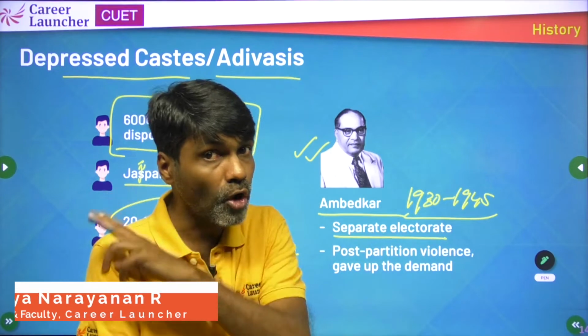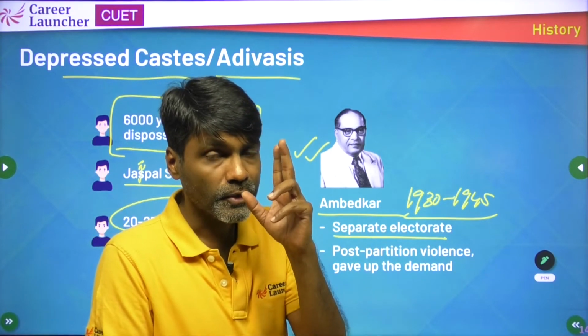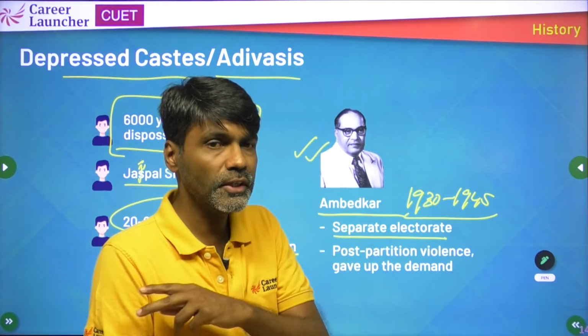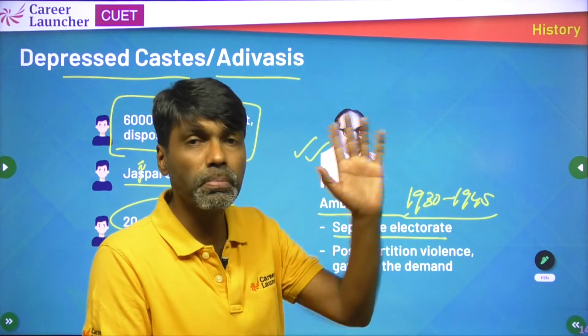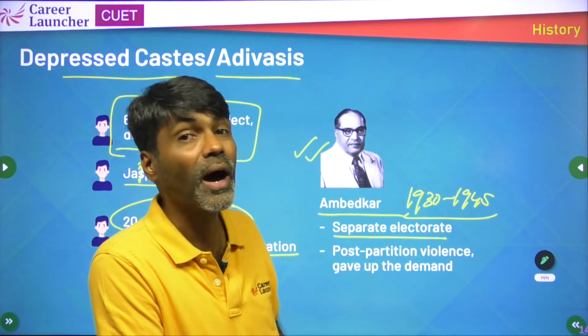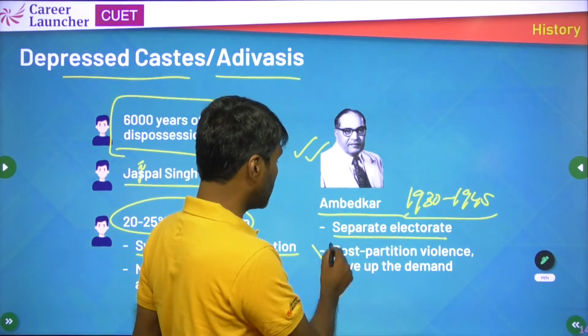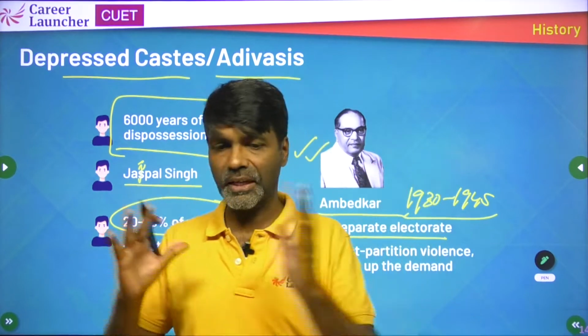But very interestingly, and this talks about the wisdom of this man, when he saw the separate electorate conversation based on religious identity leading to complete disruption of communal harmony, he gave up the demand after the partition and said, no, I'm making a shift.